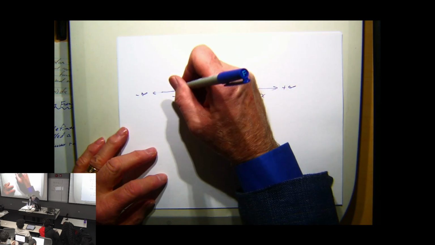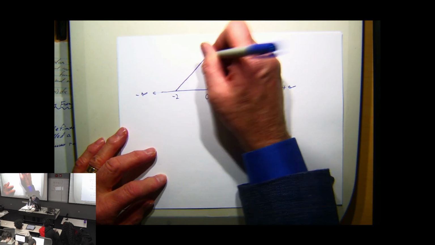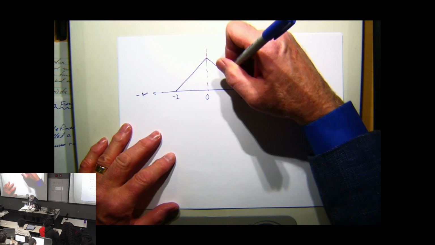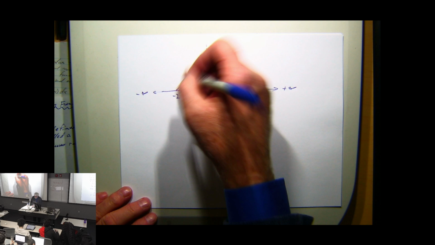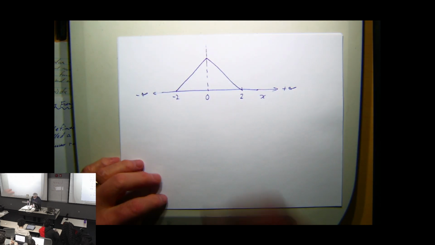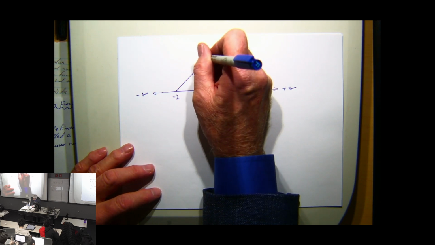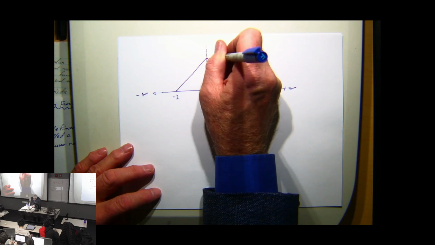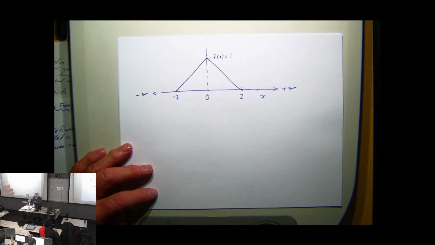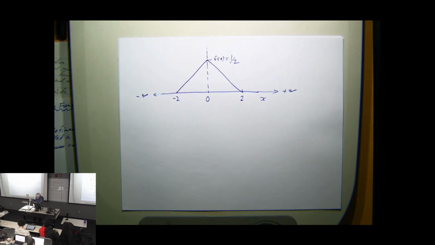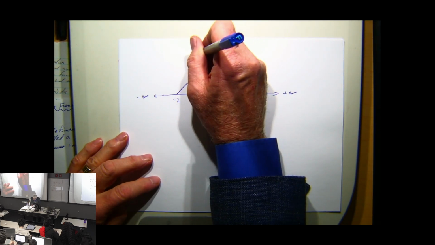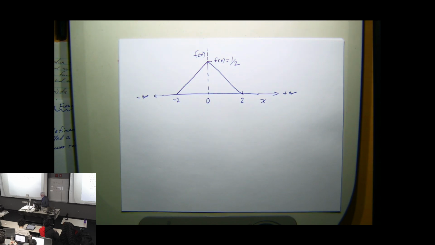And what you did was you said, hey, what's this value, f of 0, such that the area under this spot from negative 2 to 2 was equal to 1. And what you found here was that your f of 0 was equal to, no, it wasn't 1, it was 1/2, right? So that value f of 0 at 1/2 meant that you had a total area under this curve of 1, and this is the axis for f of x.